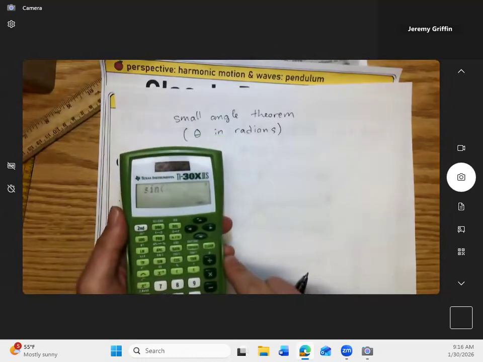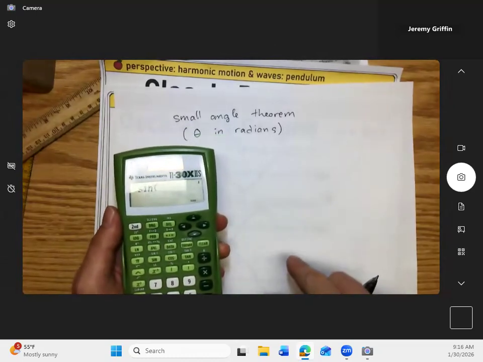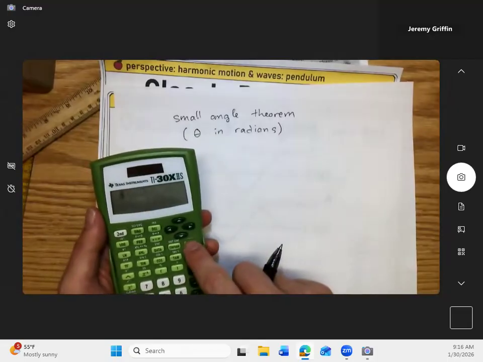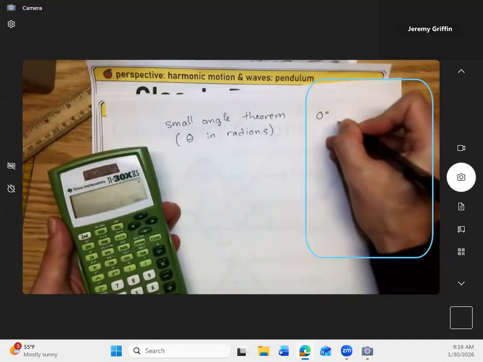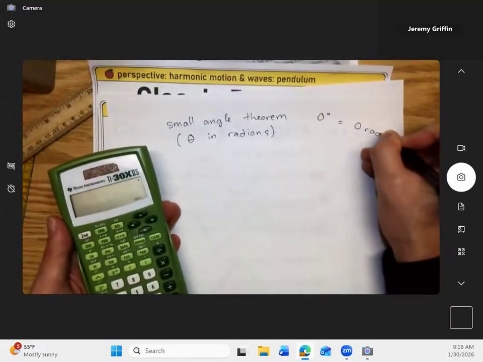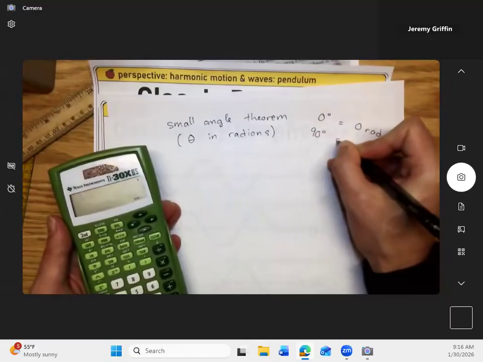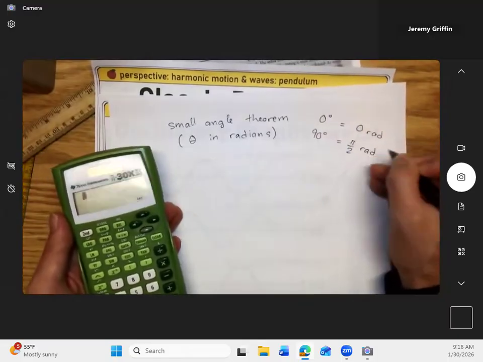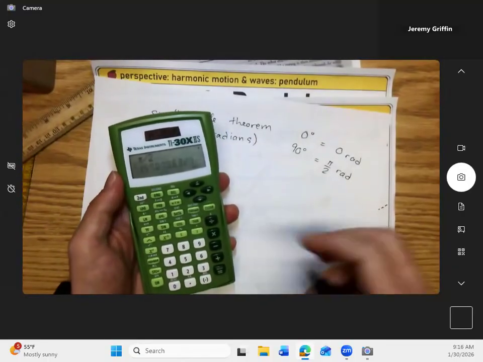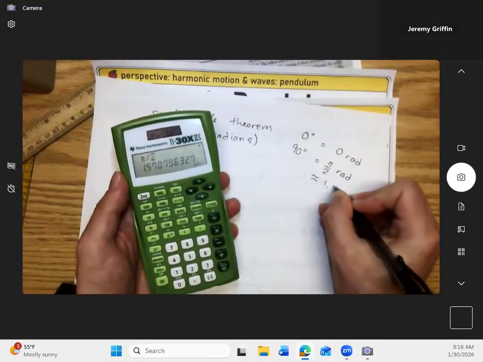Let me get some numbers on the board. Let's go 0 degrees equals 0 radians. You guys know that. Guys, what's 90 degrees? Pi over 2 radians. Okay. What is pi over 2? That's about 1.5.